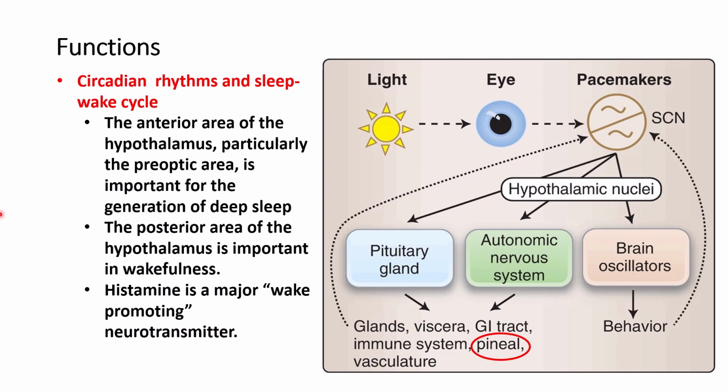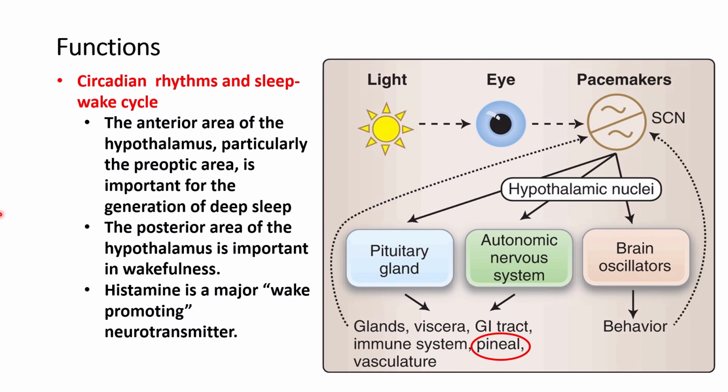For the sympathetic activity, histamine is important for wakefulness. Also, not written in your textbook, norepinephrine is another important one that keeps you awake. Serotonin is another neurotransmitter that will make you sleepy.